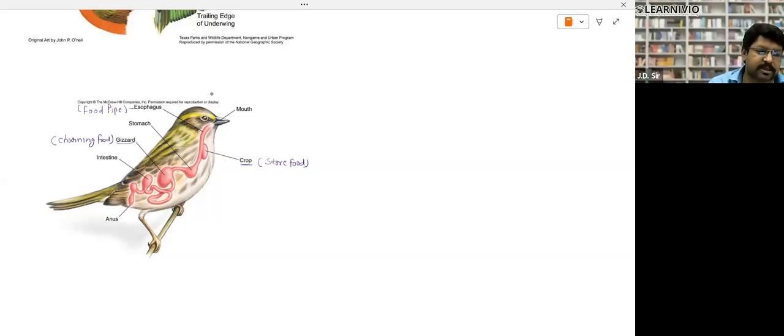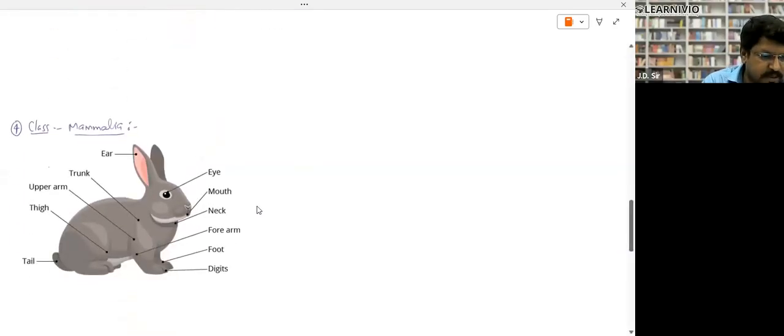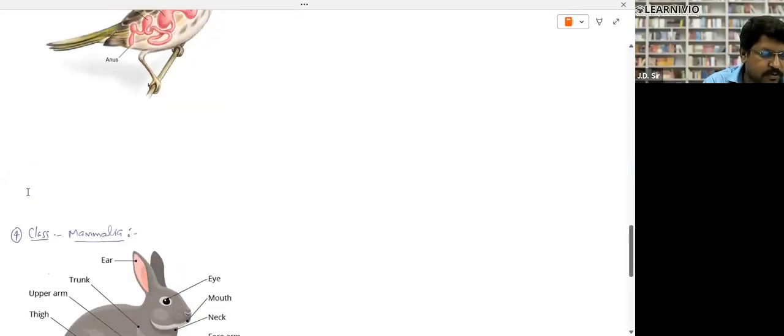Their respiratory system is quite different. I'll tell you how they respire. Diagram is not present over there. So I'll tell you. Just give me one second.